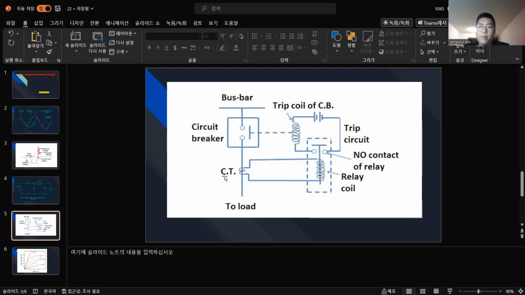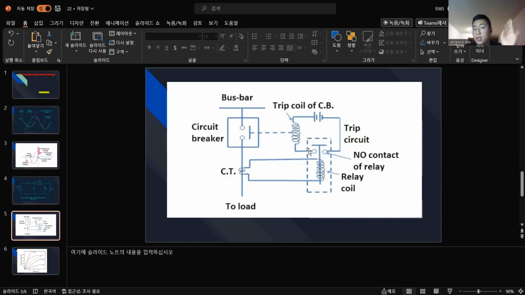Maybe I explained CT and PT in the previous lecture, right? First the CT detects the fault current, and then the relay coil is working, and then it starts the trip circuit. Then the trip coil works on the CB, and then it opens the circuit breaker. You know what I mean?